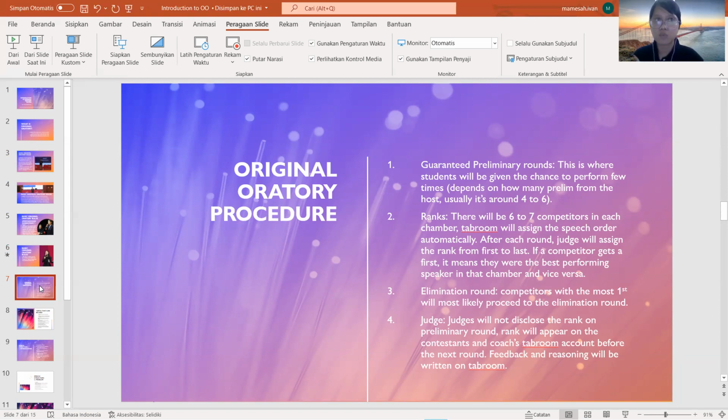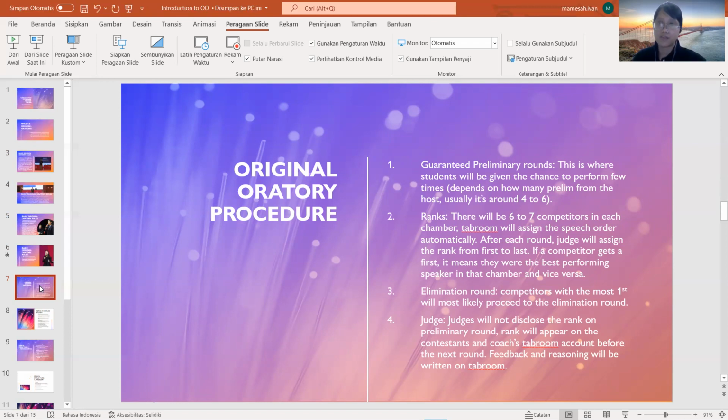So it would be best for everyone to follow all of the preliminary rounds, because the purpose is to gather and accumulate your points. These points are in the form of ranks. Like I wrote in there, this is where students will be given the chance to perform a few times, depending on how many prelims the host sets, and usually there will be 4 to 6 preliminary rounds.